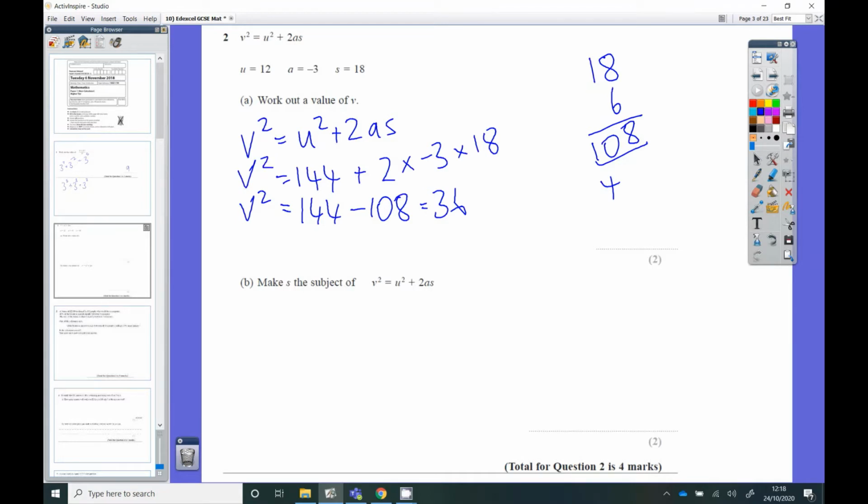So v has to be the square root of 36, which is either 6 or minus 6. Remember, 6 times 6 is 36, but also minus 6 times minus 6 is also 36. So you did have to give both answers there to get the 2 marks.